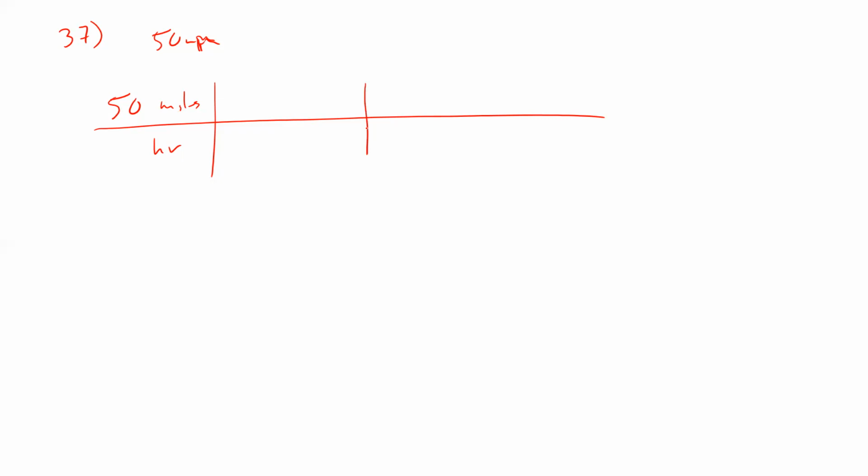Okay, so let's go with it real quickly. It's still the same thing here. So 5,280 feet per 1 mile. What's the next thing? Hour goes to seconds. So 1 hour is 60 minutes, and 1 minute gets me 60 seconds.